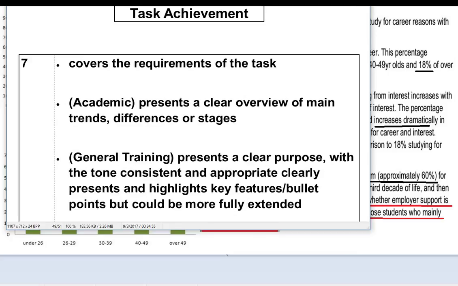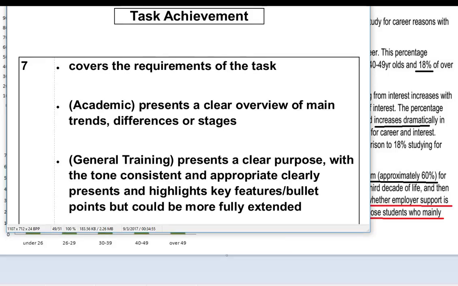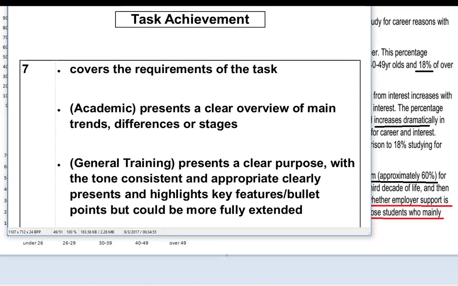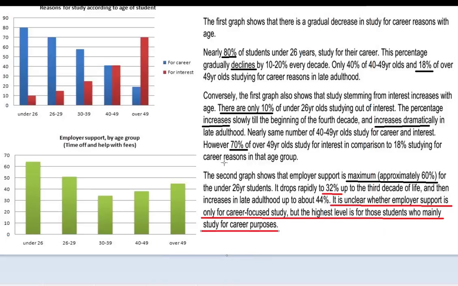Let's see if they could get a 7. Covers the requirements, overview of main trends, differences in stages. If we just go according to this, the information we have here, it's possible that it could get a 7, but possibly just a 6.